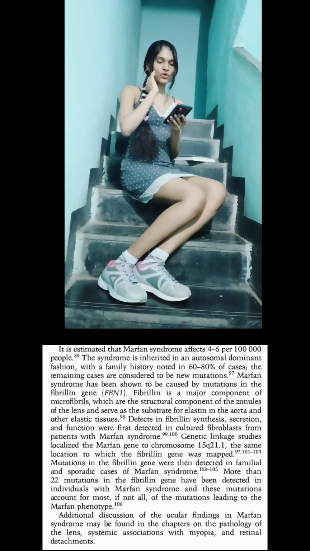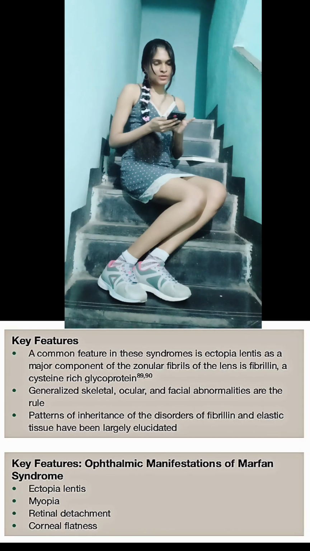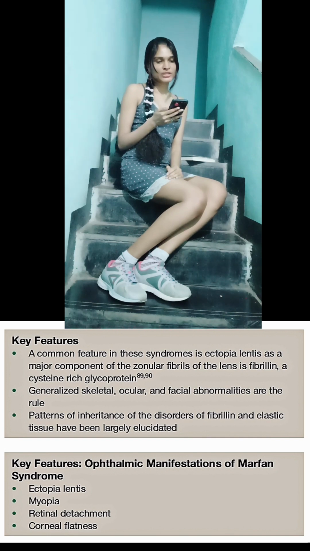Additional discussion of the ocular findings in Marfan syndrome may be found in the chapters on the pathology of the lens, systemic associations with myopia, and retinal detachments. Key features: a common feature in these syndromes is ectopia lentis, as a major component of the cellular fibrils of the lens is fibrillin, a cysteine-rich glycoprotein.